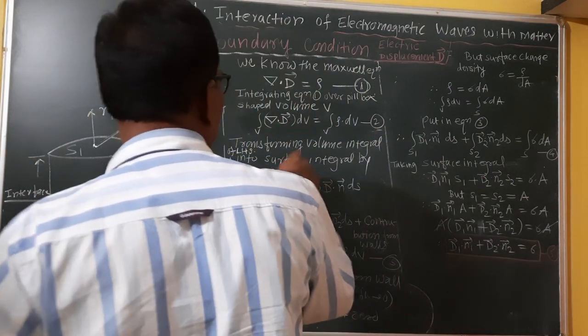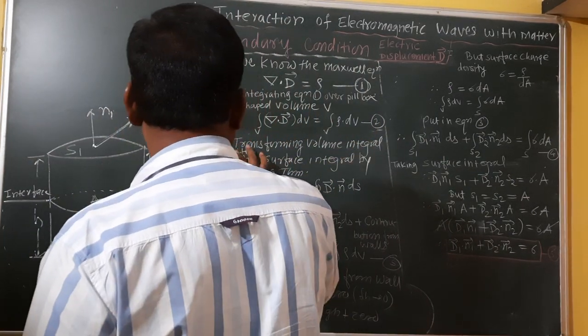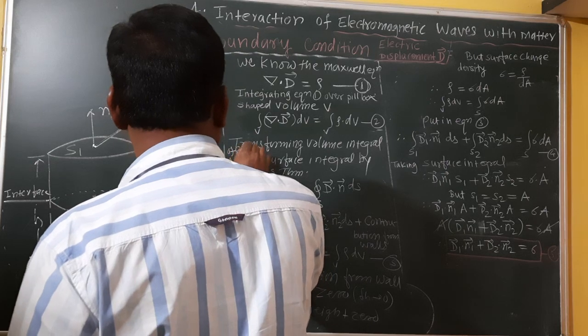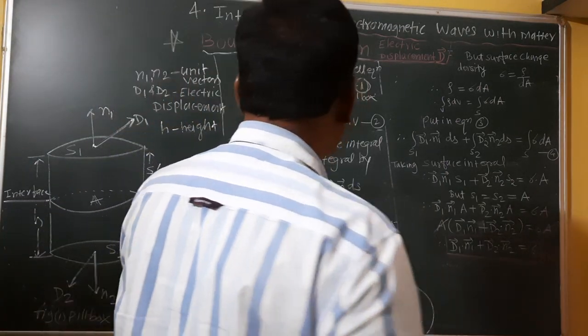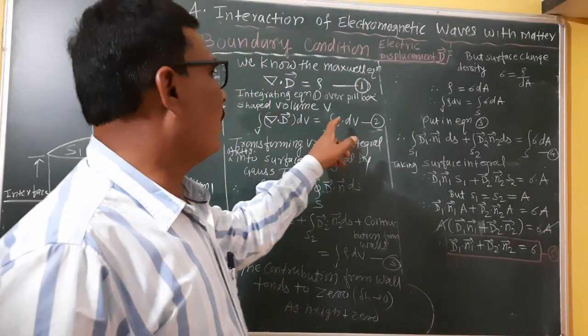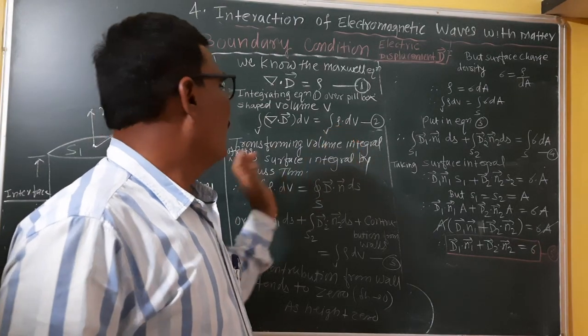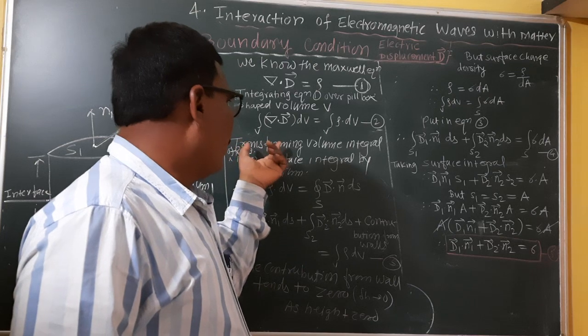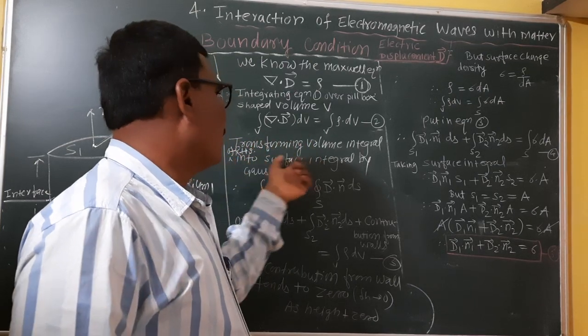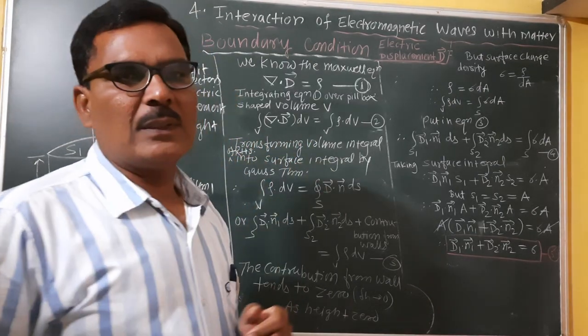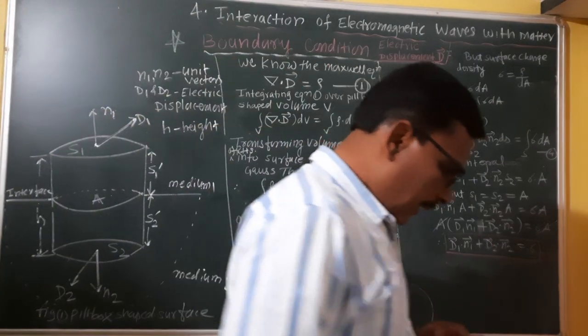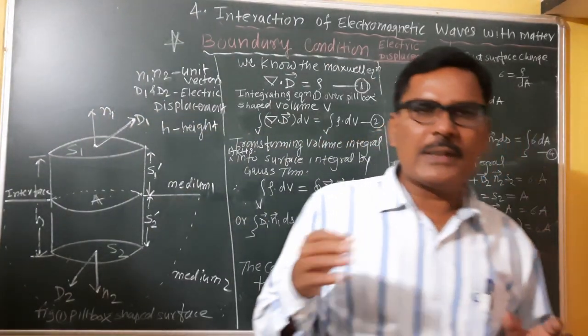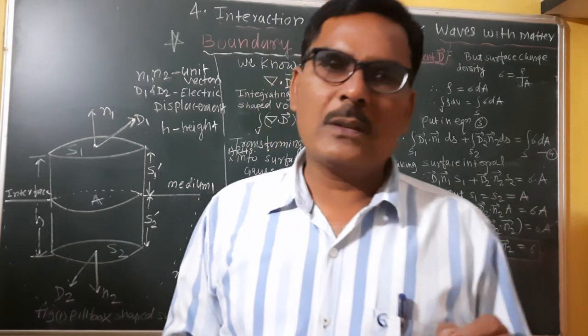Now we have to transform the volume integration on the right hand side into a surface integral by the Gauss divergence theorem. We know by the Gauss divergence theorem that a volume integration can be transformed into a surface integration.